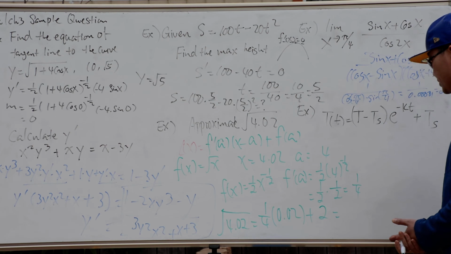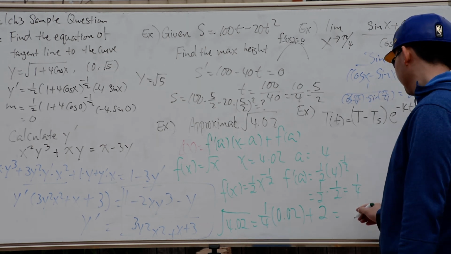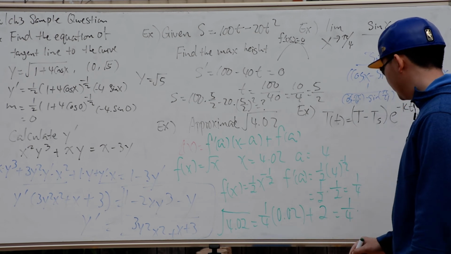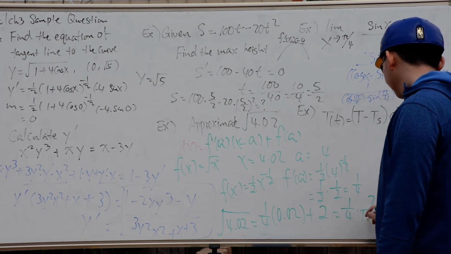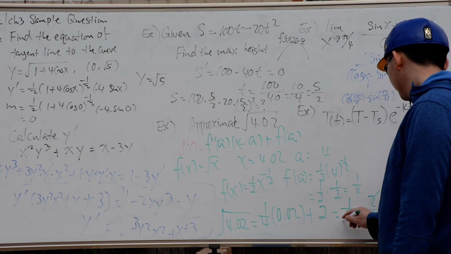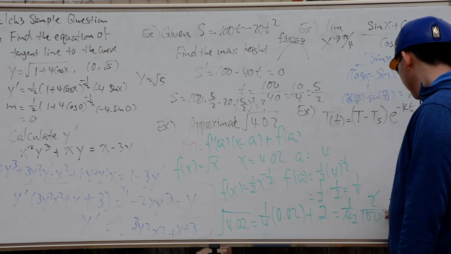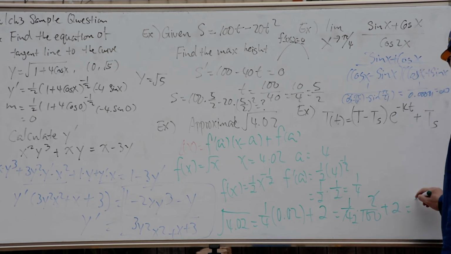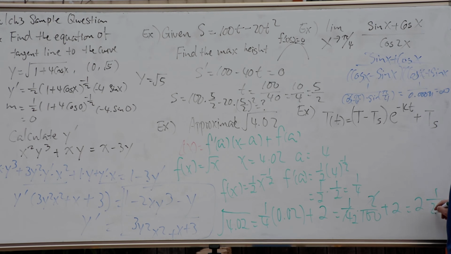So 1/4 times 0.02. You can convert that to a decimal or to fractions. Let's use a fraction, 2 over 100, reduce, and then plus 2. So this one is 2 and 1 over 200.